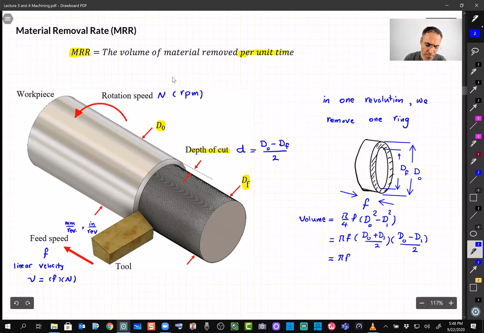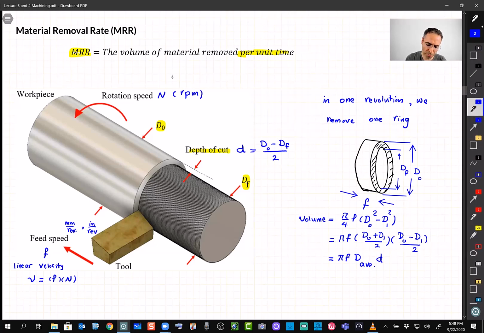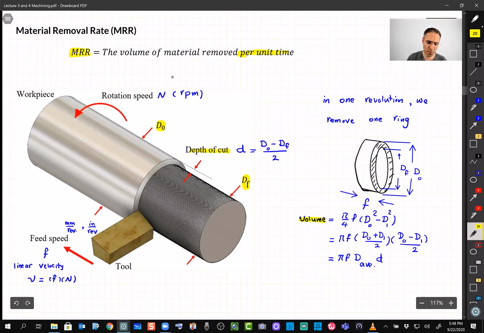So what I get, pi D average, let's call this one the average, and this one we know what it is, the depth of cut, all right? So what we calculate is the volume of the material that we have removed in one complete revolution.